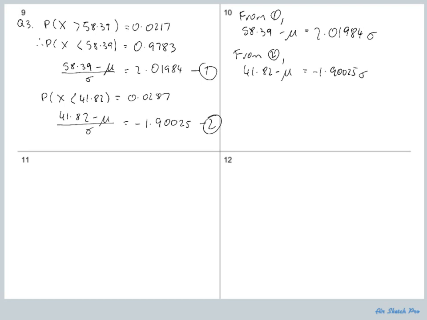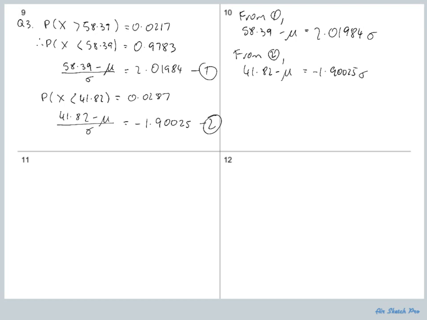So my linsolve is going to be 58.39 minus x equals 2.01984y, tab, and then I'm going to have 41.82 minus x equals negative 1.90025y, and then I'm going to press enter, and then I'm given my coordinates there as 49.8 or 49.9 and 4.23.